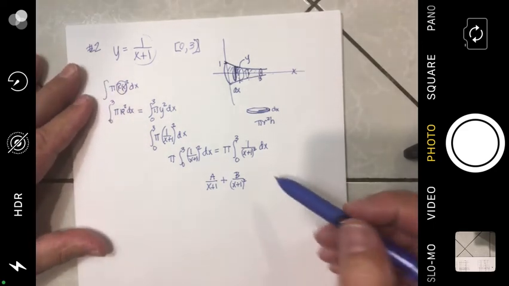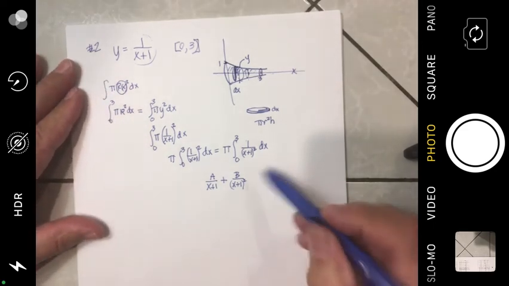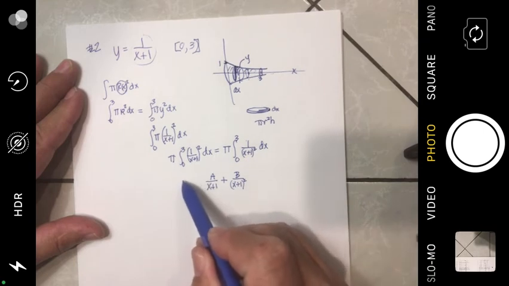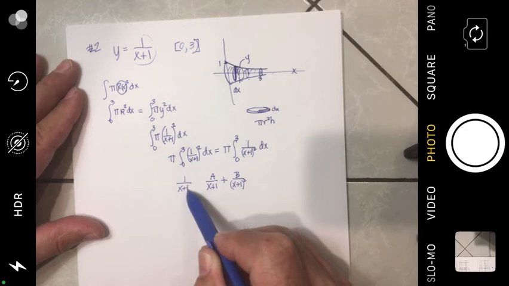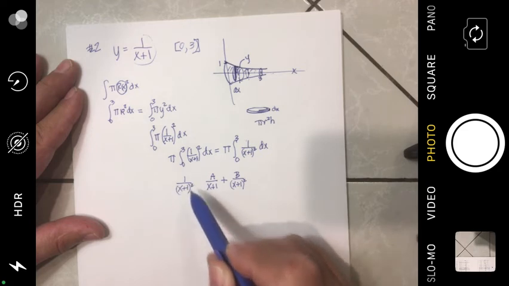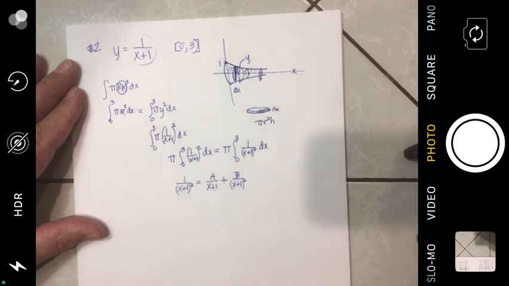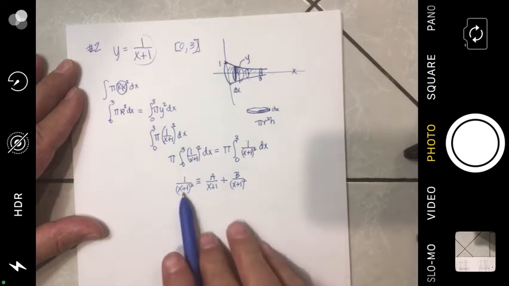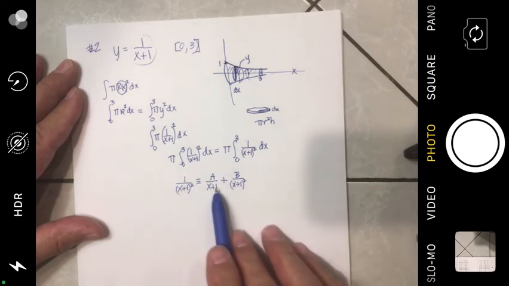Okay? And then we'd say this has to equal 1 over x plus 1 quantity squared. It has to be identically equal. The common denominator is x plus 1 squared.